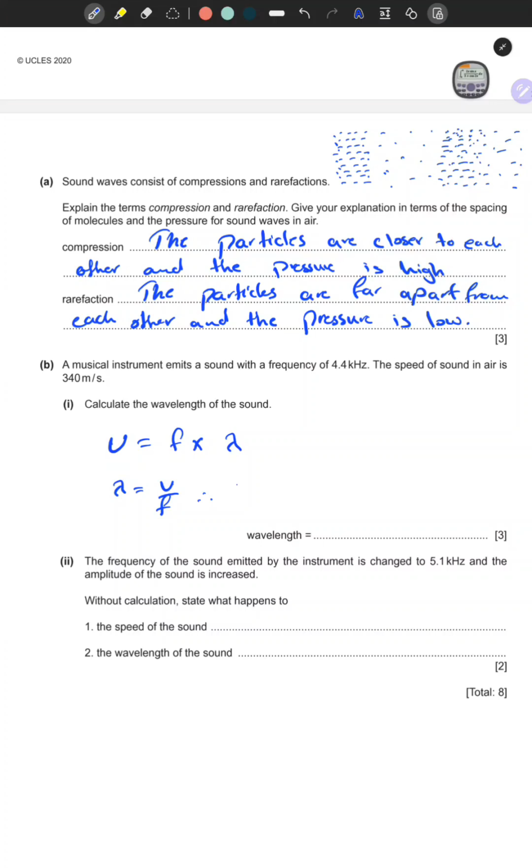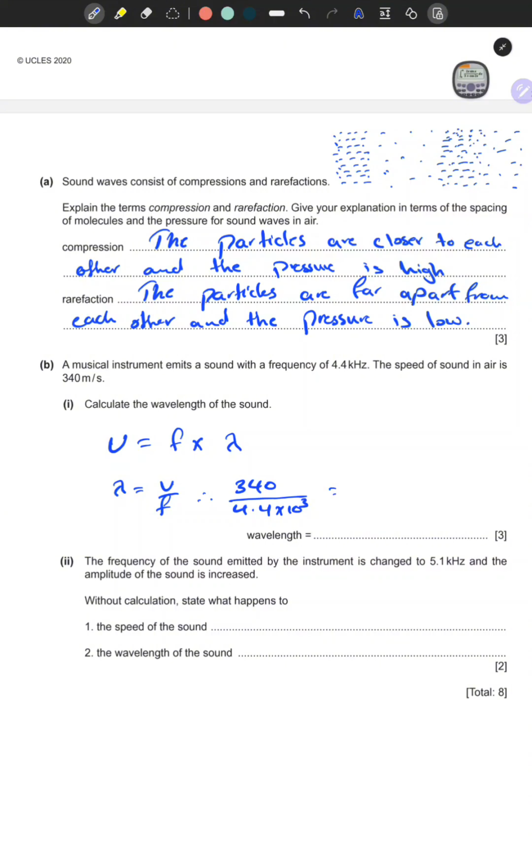So the speed, which is 340, over the frequency, which is 4.4 kilohertz, and I'm not going to deal with the kilohertz here. I will only use the SI unit, and the SI unit of frequency is hertz. So I will multiply by 1000, so 4.4 times 10 to the power of 3.